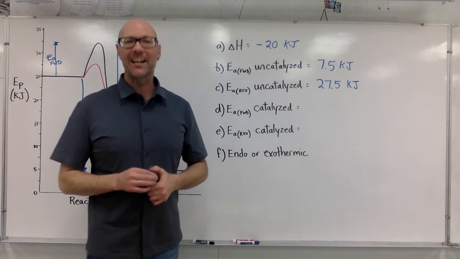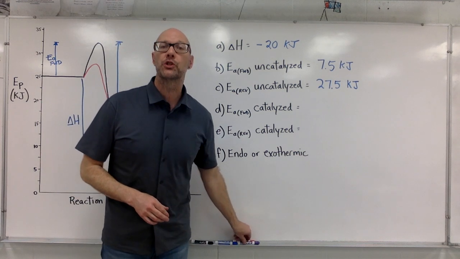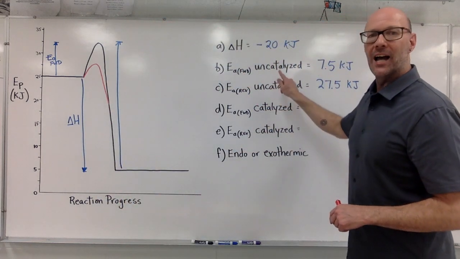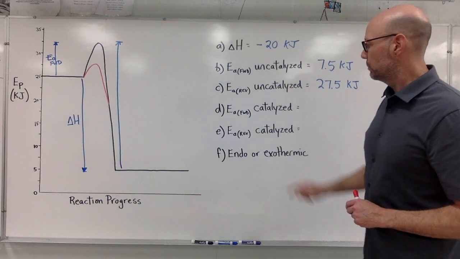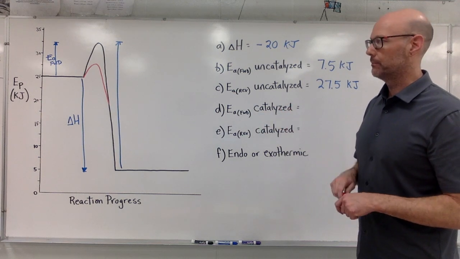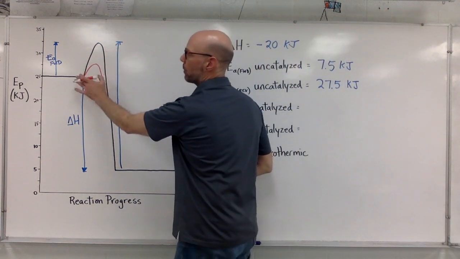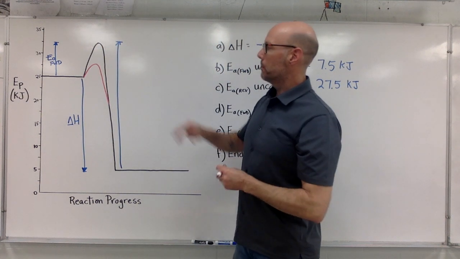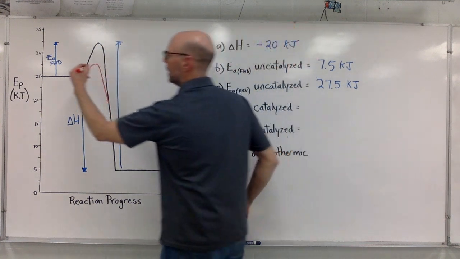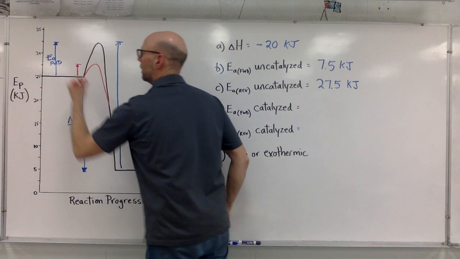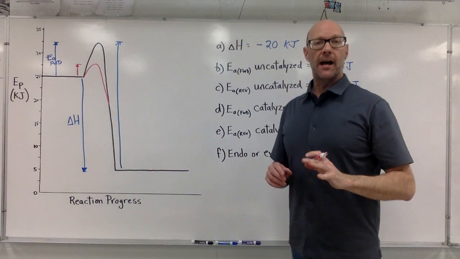For our catalyzed part of the question, I'm going to switch to red. Notice we had the forward uncatalyzed reaction, and now the forward catalyzed reaction. Here's the forward, we went up to that peak for the uncatalyzed reaction, but now we're going to follow the red. It's a much smaller value.